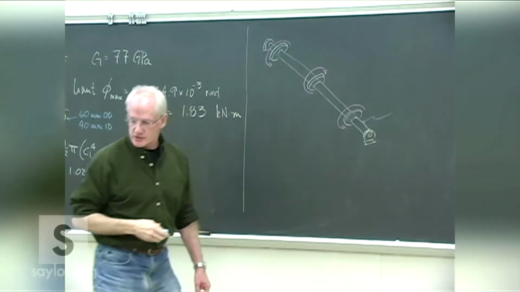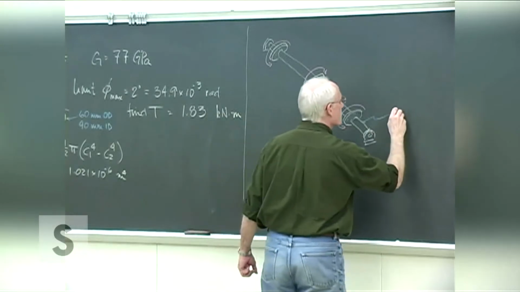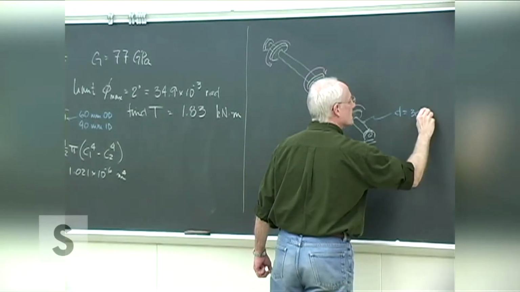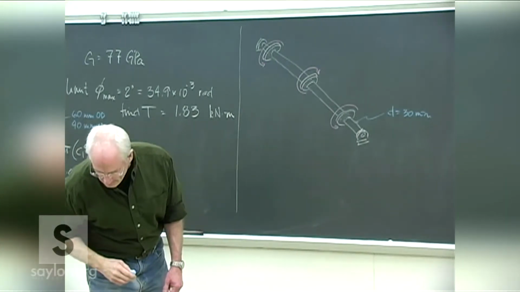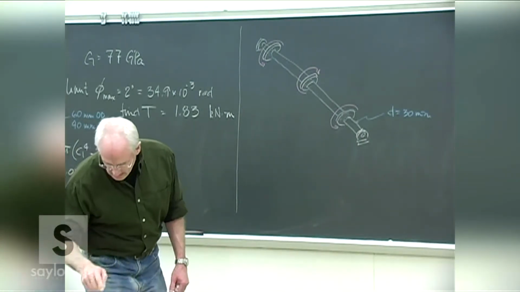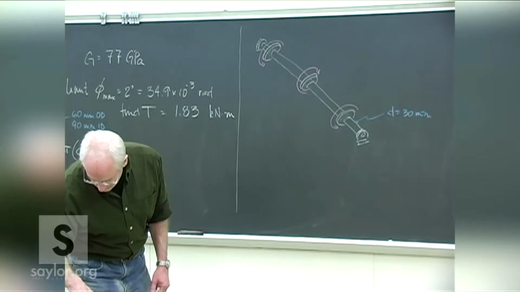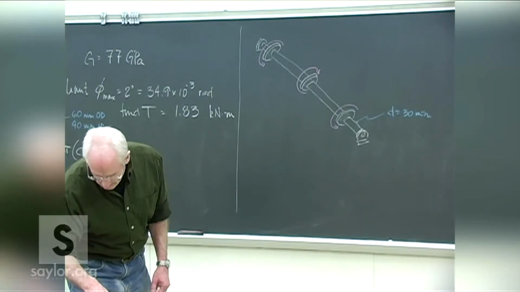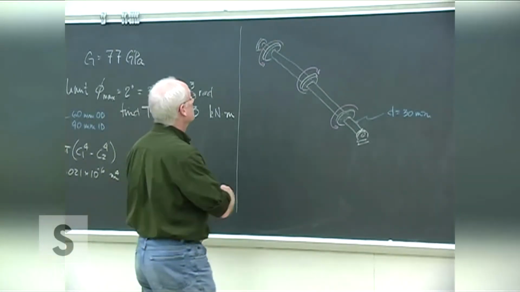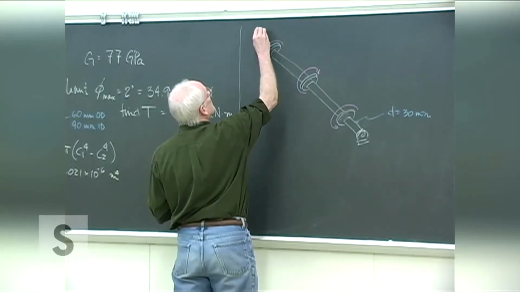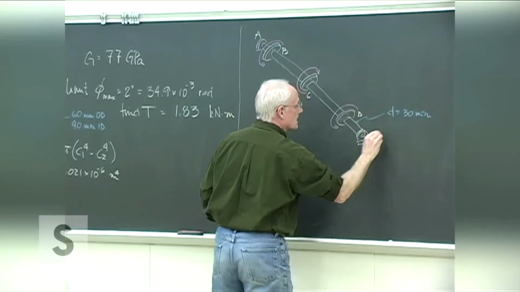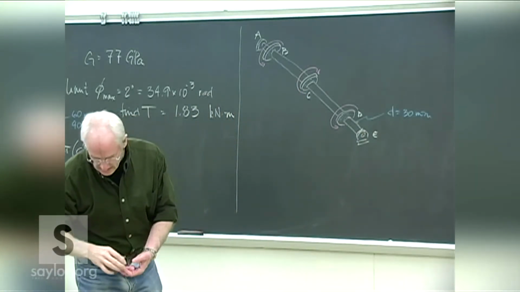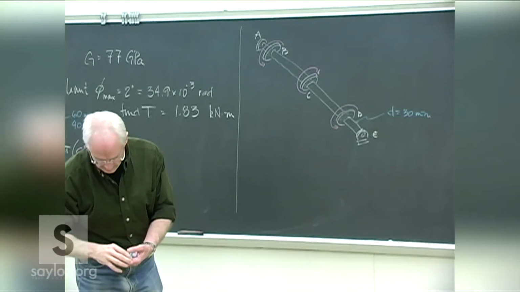It's all one solid shaft, 30 millimeters in diameter. Okay, let's label the different points: A, B, C, D, and E, because there's different lengths between each one.